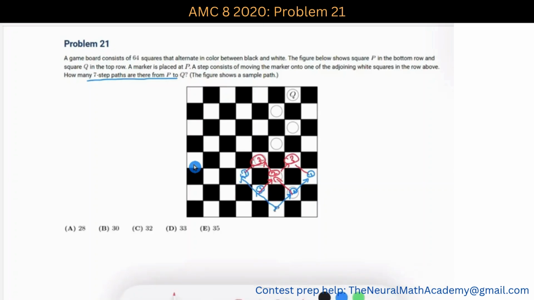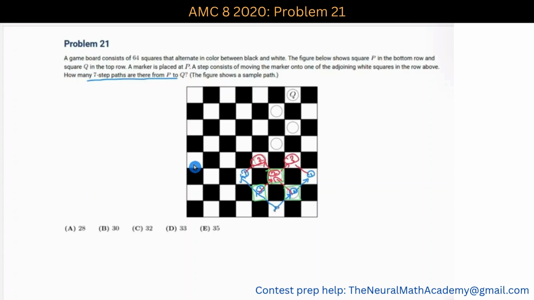So there is a pattern emerging: the number of ways in the above row is based on the number of ways in the bottom row. For example, this 2 is the sum of the number of ways that I have here.